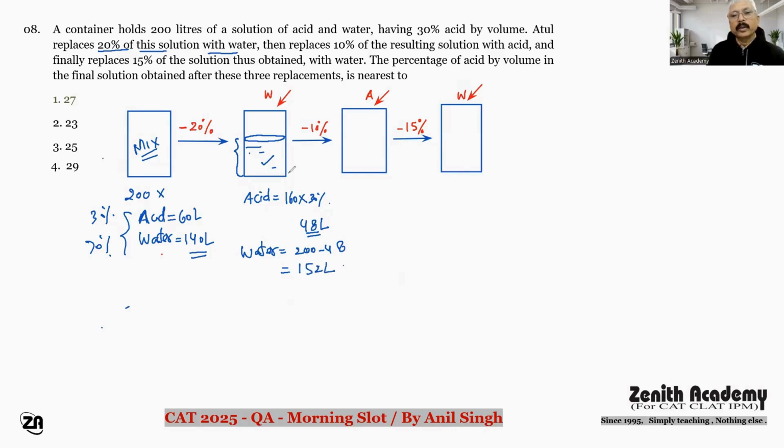Means now the ratio is, acid और water का रेशियो हो गया 48:152, दोनों को आप चार से डिवाइड करेंगे, 12 हो जाए। So this is coming 12, this will be 48, it is coming 6:19.